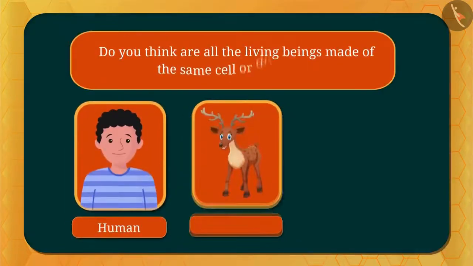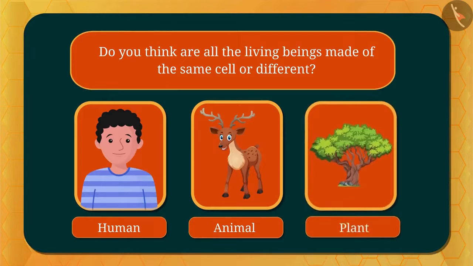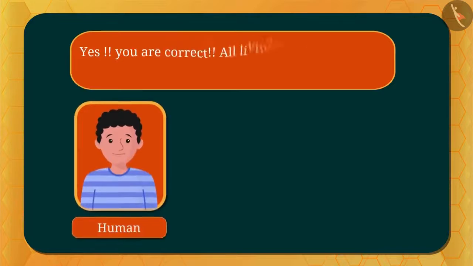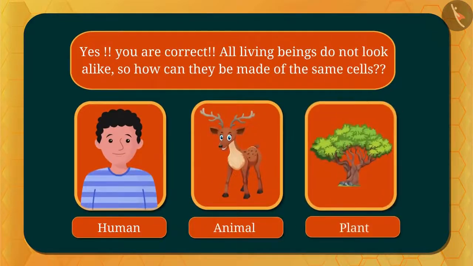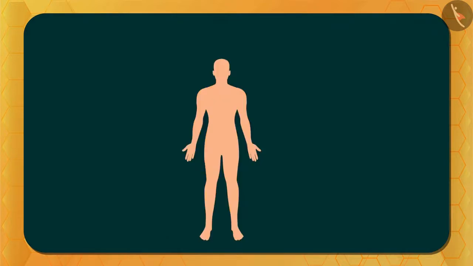Now friends, do you think all living beings are made of the same cell or different? Yes, you're correct. All living beings do not look alike. So, how can they be made of the same cells? Not only this, many types of cells are found in multicellular organisms like humans.